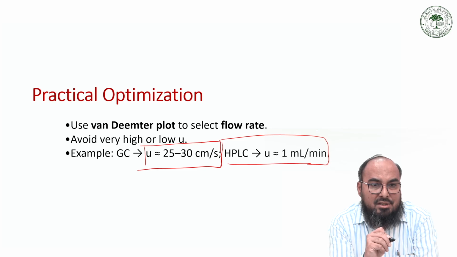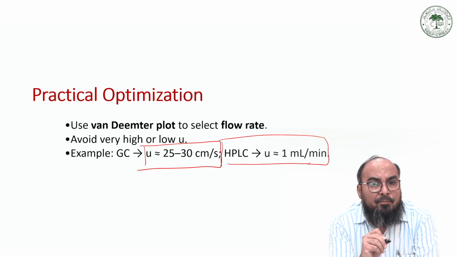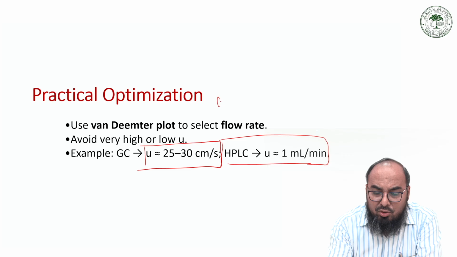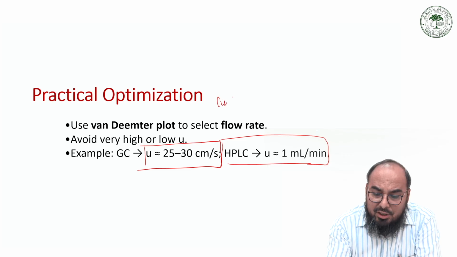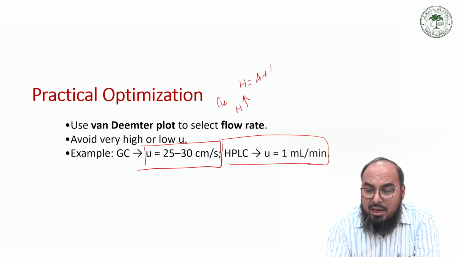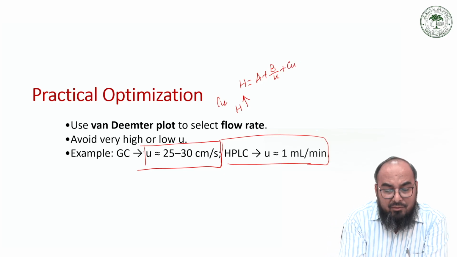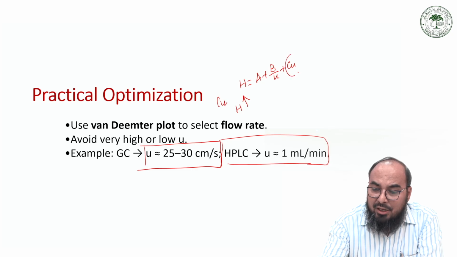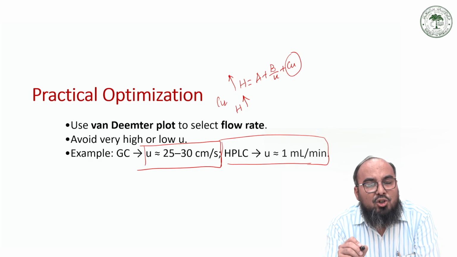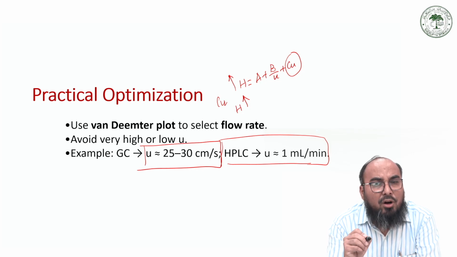We have to avoid very high velocity, because then the Cu term will be very big, and since H is equal to A plus B upon U plus Cu, H will increase, and your column efficiency will be compromised.